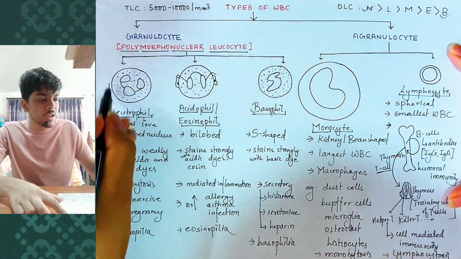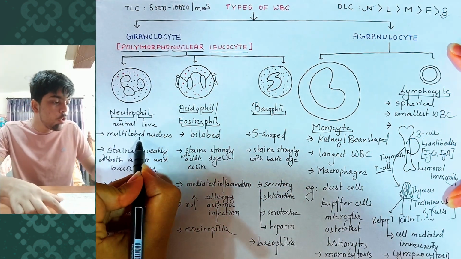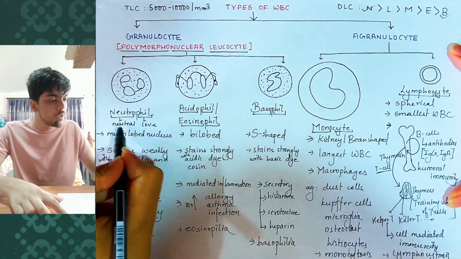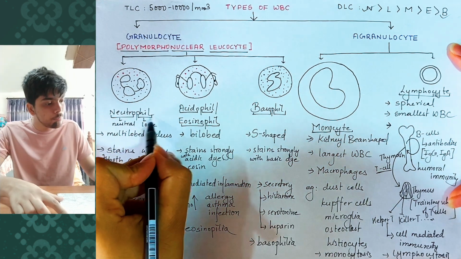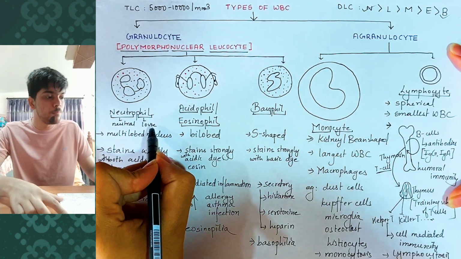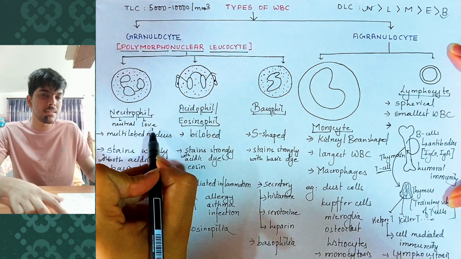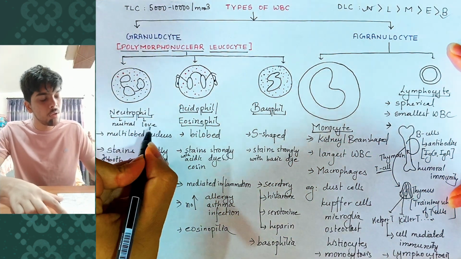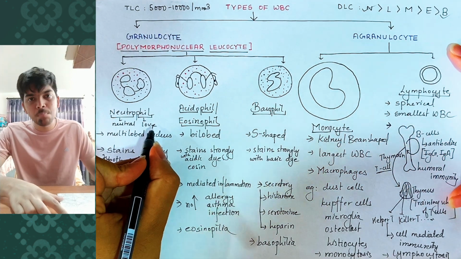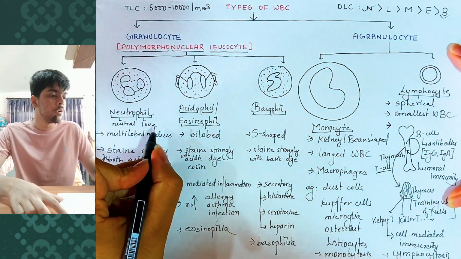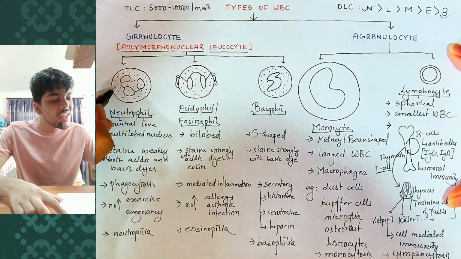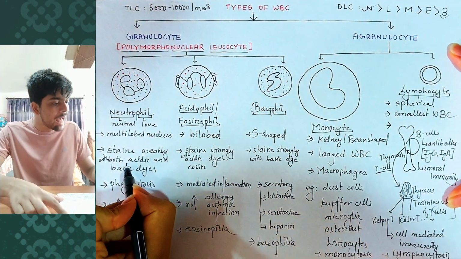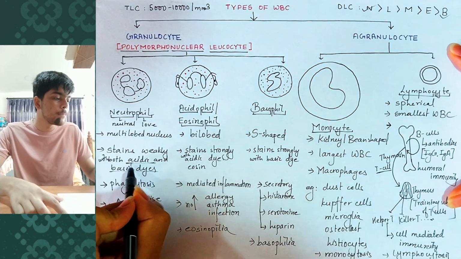This granulocyte that contains a multi-lobed nucleus is called neutrophil. Why? Neutro means neutral and phil means love. So basically, this cell's love is neutral towards both acidic and basic dye.